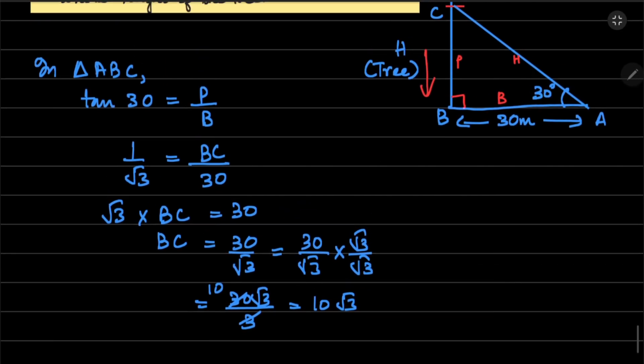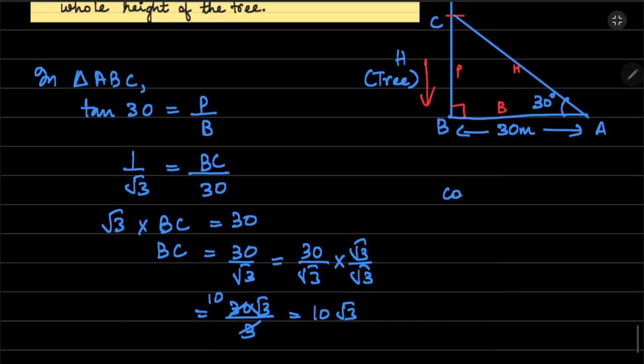Now again, I can use B by H. So cos 30 degrees is equal to base by hypotenuse. Hypotenuse is what I need, the broken part of the tree. What is cos 30? Root 3 by 2 is equal to, what is your base? It's 30 by AC. Cross multiply.